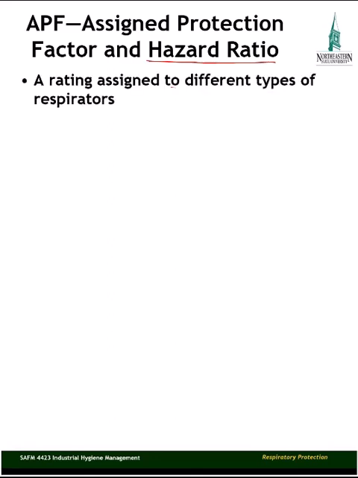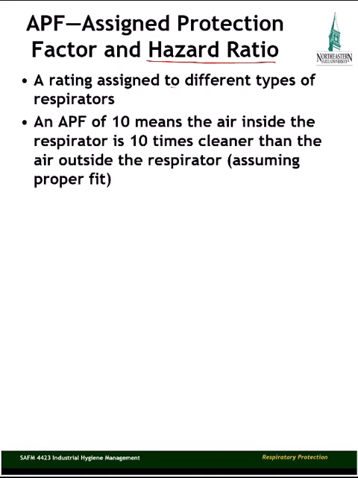Now, the APF is a rating assigned to different types of respirators. If we have a respirator with an APF of 10, that means the air inside the respirator is 10 times cleaner than the air outside the respirator. Now, APF values, well, I'll show you a chart here in a minute with the different APFs for different types of respirators.